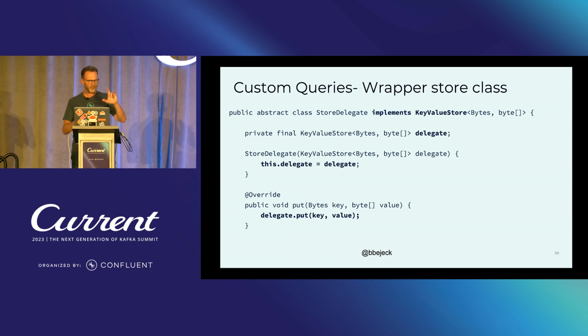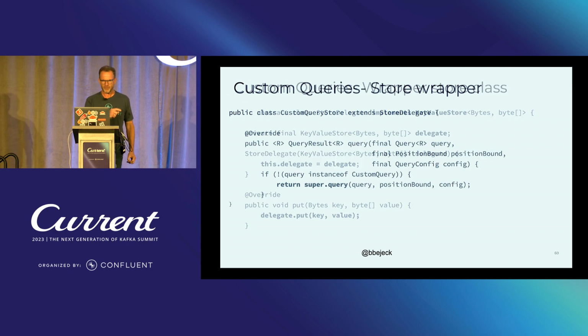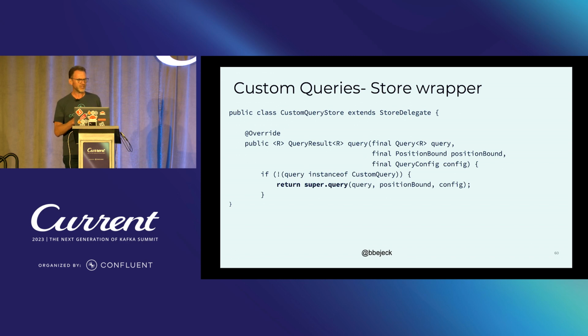And so pretty much every call, we're just going to send it through to that underlying store, except for the query method. That's the one we want to override. So when it gets a query, if it's not a custom one, we just defer to the underlying store and that's it.